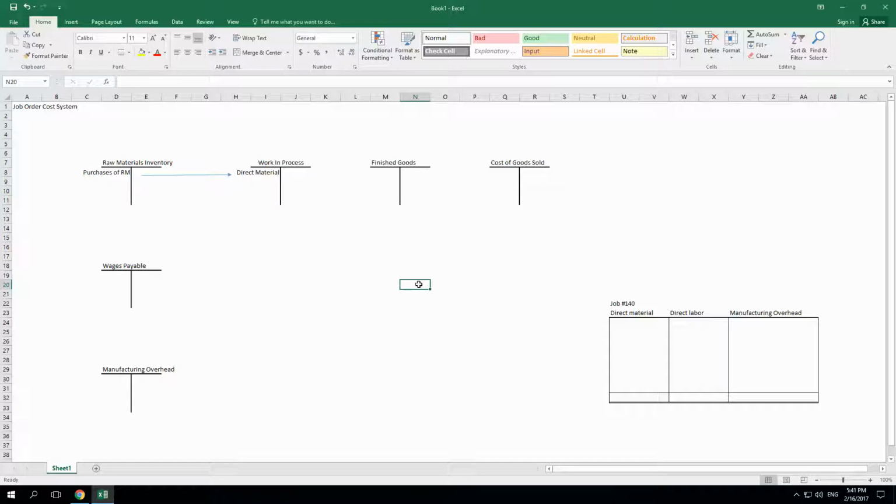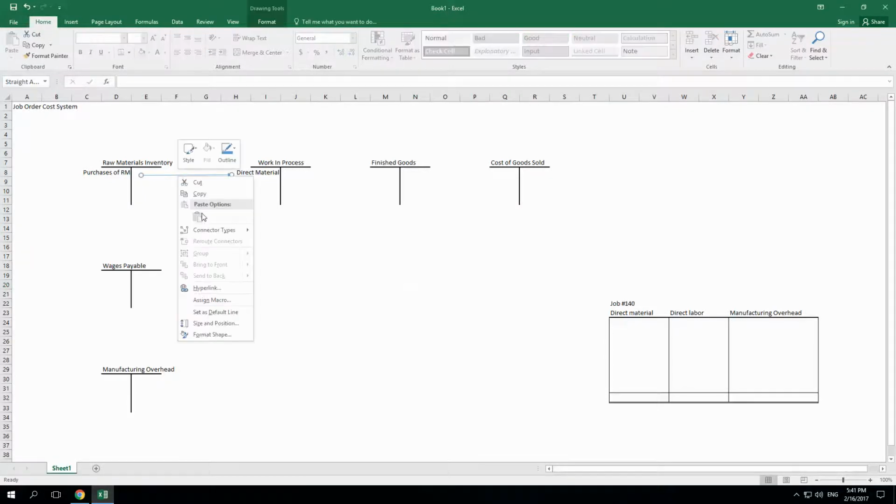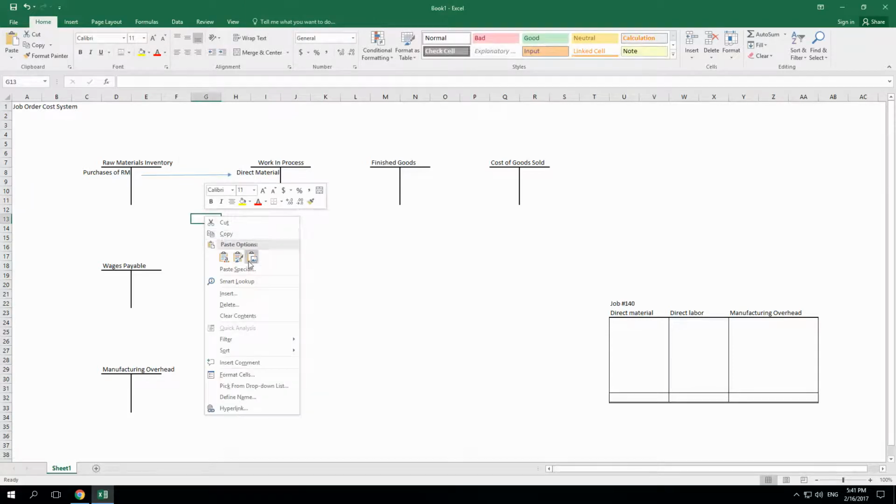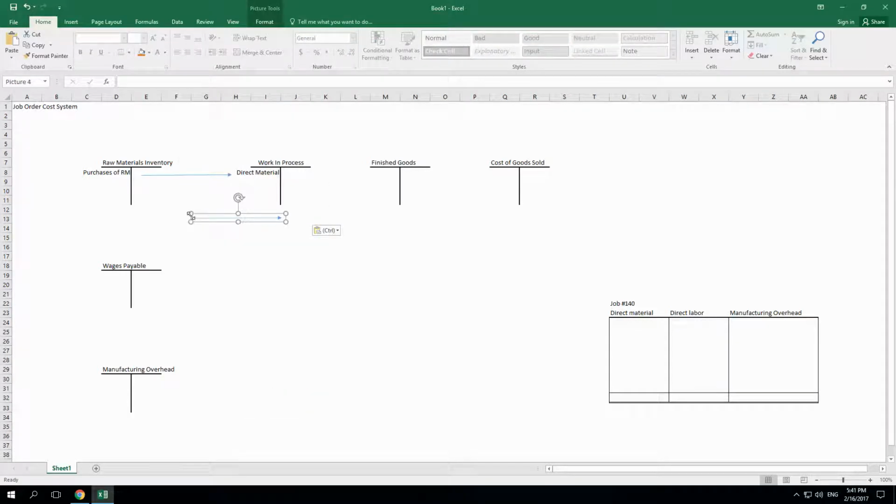Okay. Now there are instances where you have material that you can't trace individually to each job, but you know you need it, and you need it for all jobs. So whenever we have that type of material being utilized, it won't go directly to work in process.